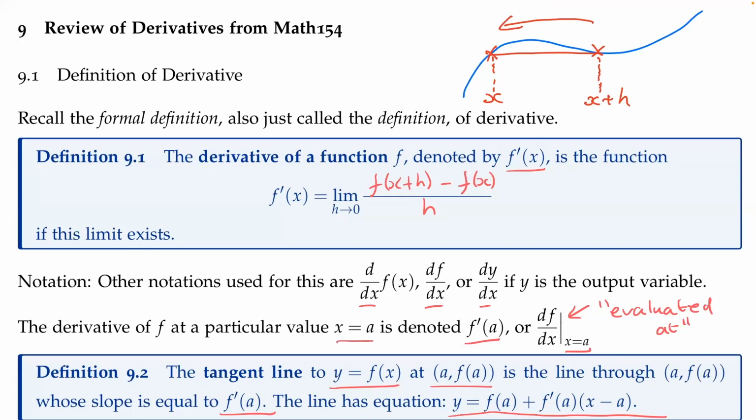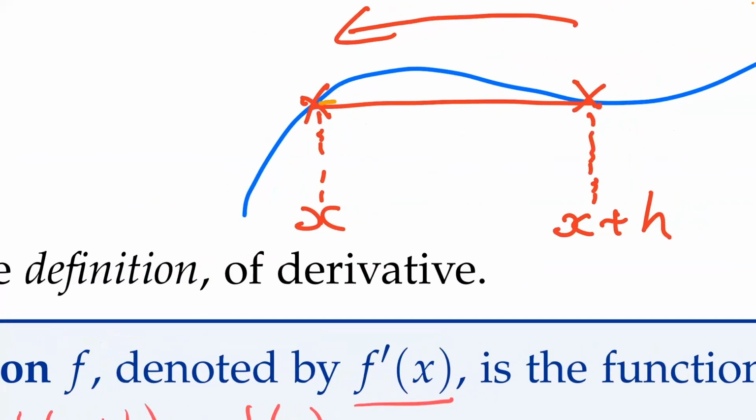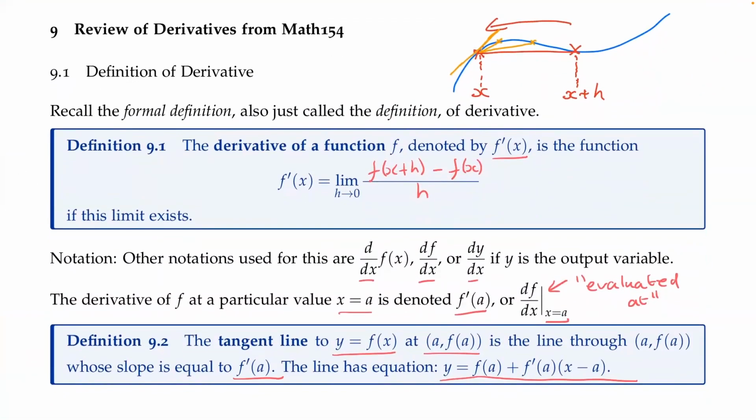So what's going on? If we zoom in, we're making this shorter and shorter and shorter until eventually h is infinitesimally small. I've extended it out at this point just to demonstrate what we have, but we have the gradient at that point. Okay, so this is all about rates of change.